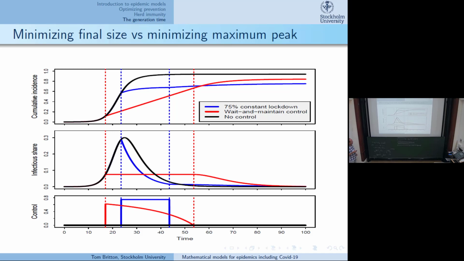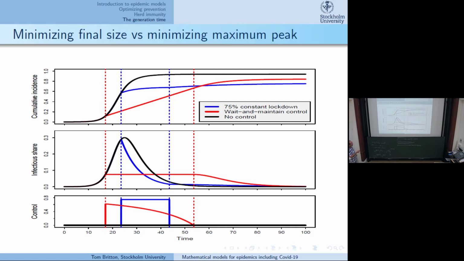So start after, I don't know if this is 17 days. Of course, this is just for some arbitrarily chosen numbers. Don't go up as long as you're allowed to, but for this particular, I think it was around 60% lockdown, and then gradually lift lockdowns up until here.